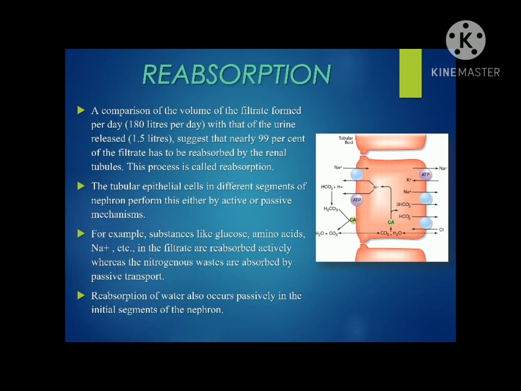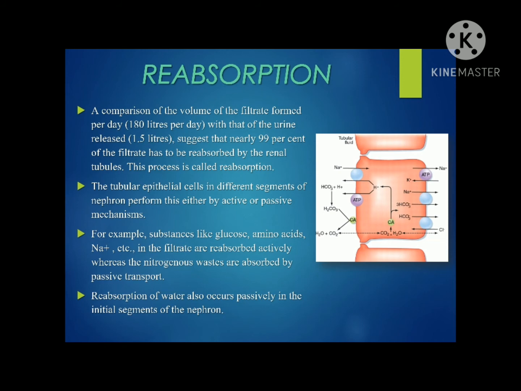Reabsorption. A comparison of the volume of filtrate formed per day, 180 liters per day, with that of the urine released, 1.5 liters, suggests that nearly 99% of the filtrate has to be reabsorbed by the renal tubules. This process is called reabsorption. The tubular epithelial cells in different segments of nephron perform this either by active or passive mechanisms.